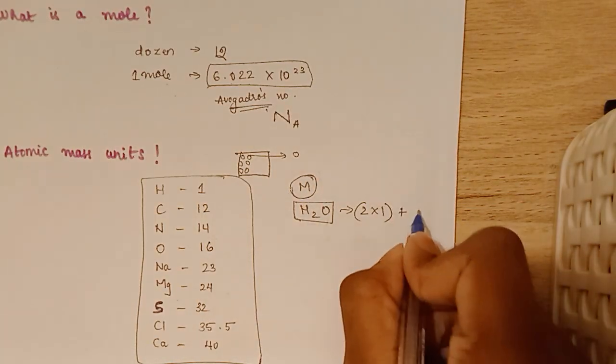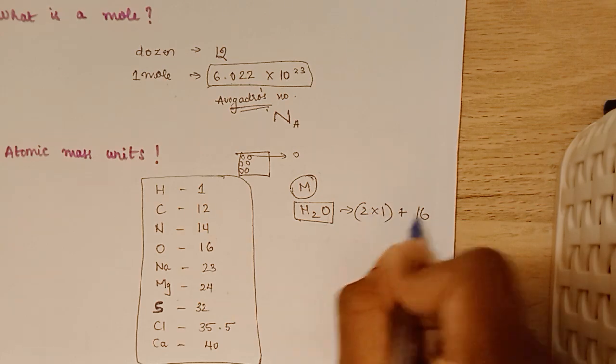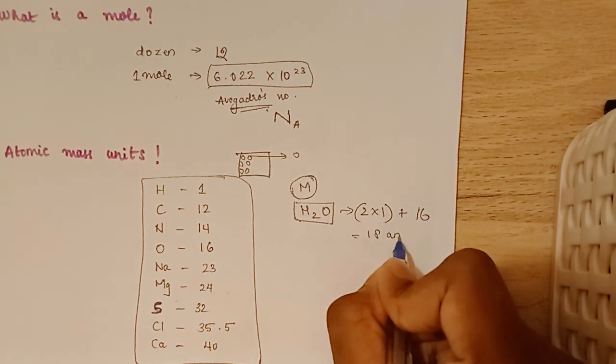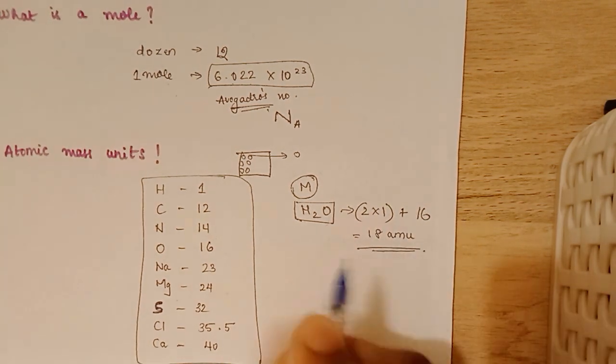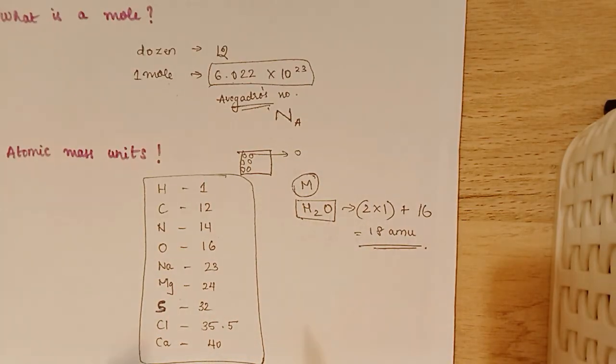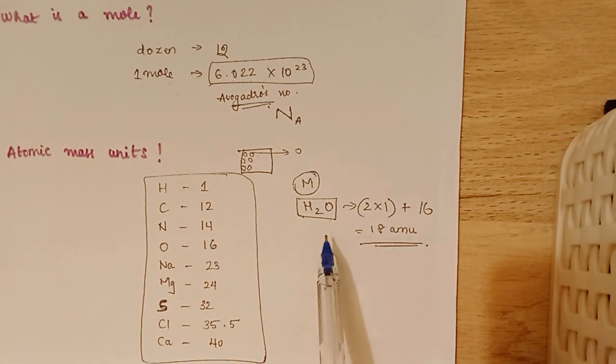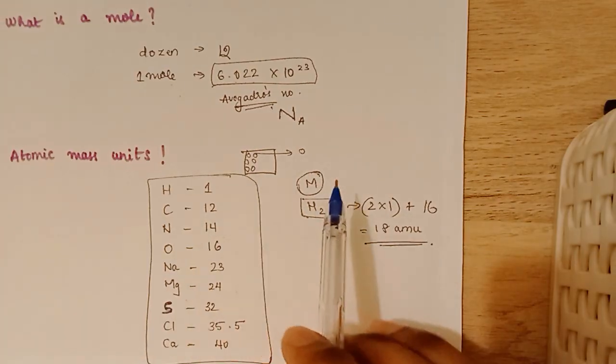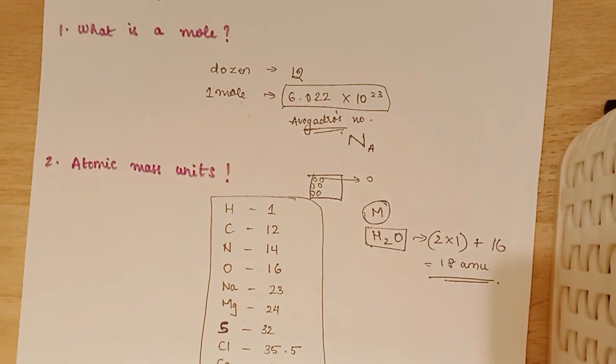Oxygen is 16. So 2 into 1, that is 2. 2 plus 16 is 18. So 18 AMU. This is how we'll be finding the molar masses of many compounds, which will definitely help us go through all the questions that we do.